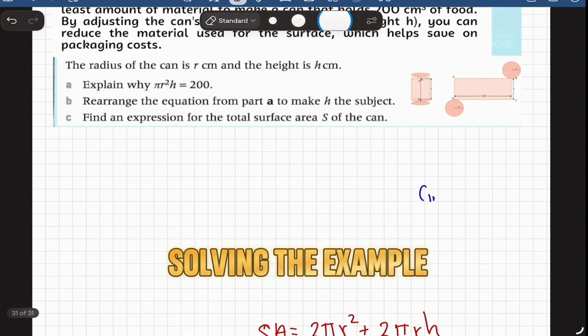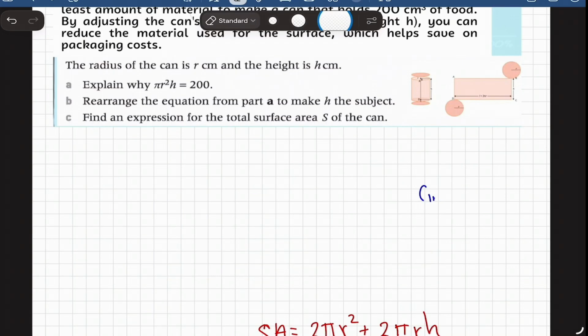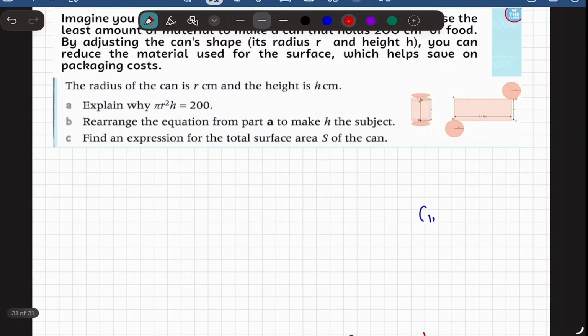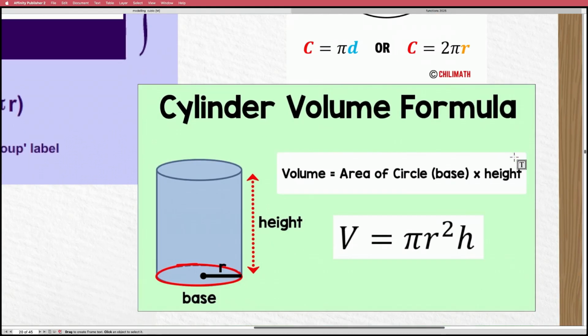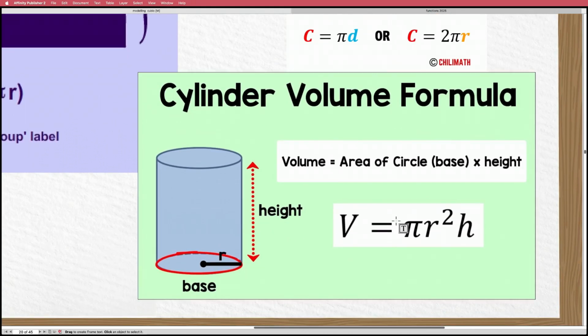Okay. So we must consider this. Explain why pi radius squared times h is 200. This is a little bit obvious because let me show you something. A cylinder is a 3D shape, so the cylinder has a volume. You can keep or hold things inside the cylinder. So the volume is given by this.